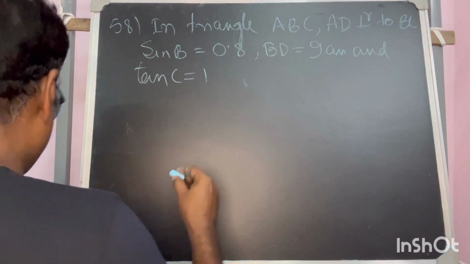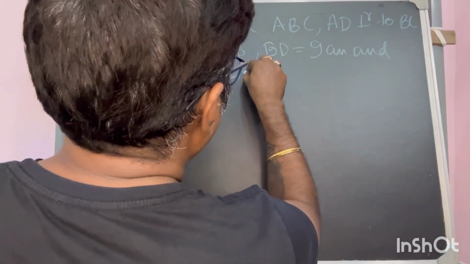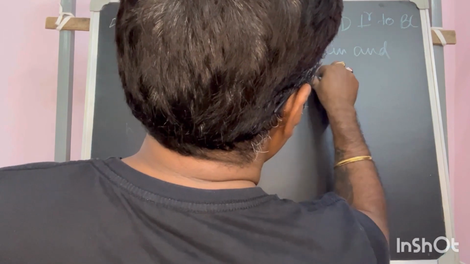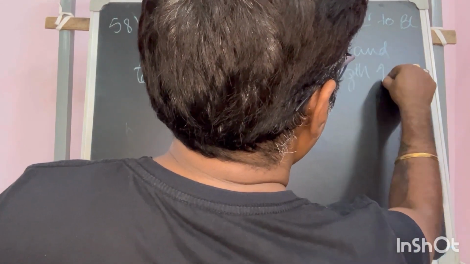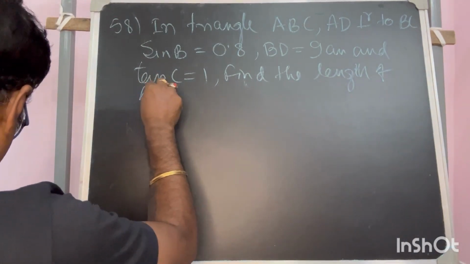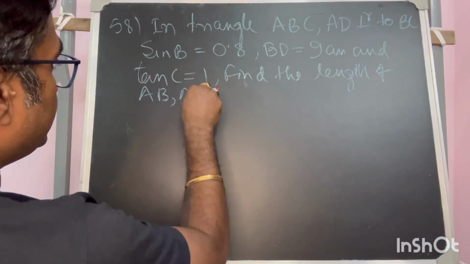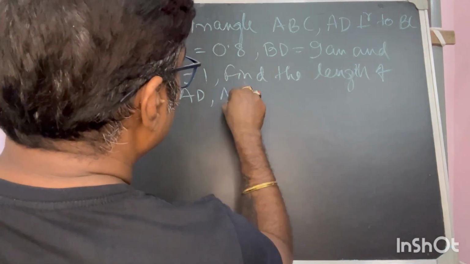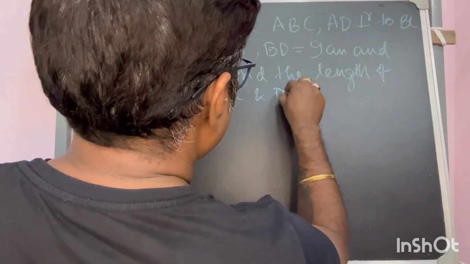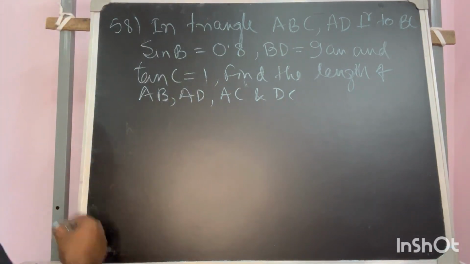Find the length of AB, AD, AC and DC. These are the things you have to find.